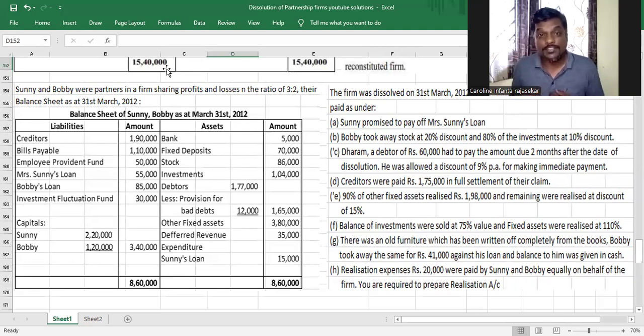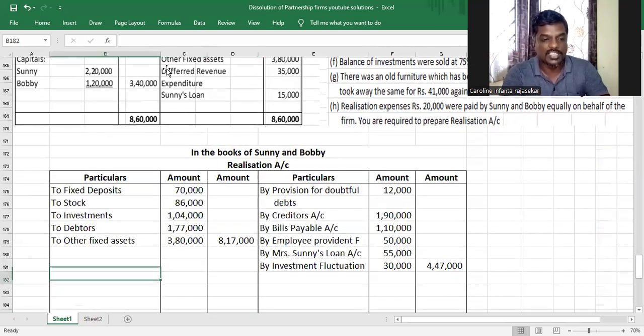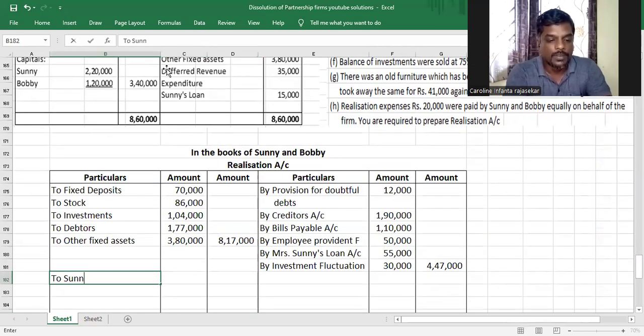It means what? The partner has paid the firm's loan. So the firm has to pay the partner more. So the journal entry is realization account debit to partner's capital account. Whenever liability is settled, realization account is debited. When the firm pays, bank account is credited. When the partner pays, partner's capital account is credited. And therefore, the journal entry is realization account debit to Sunny's capital account in this case.